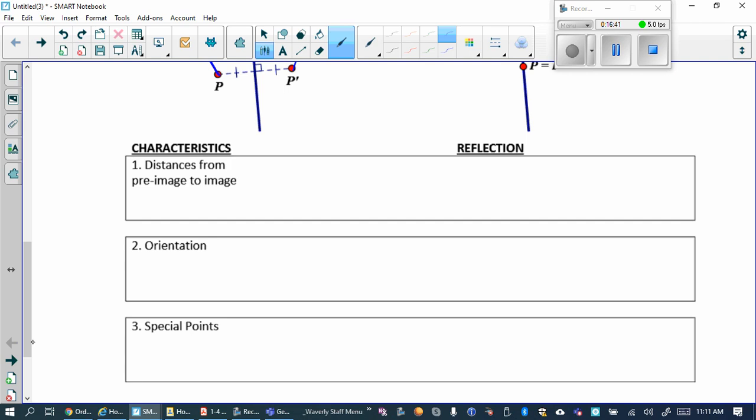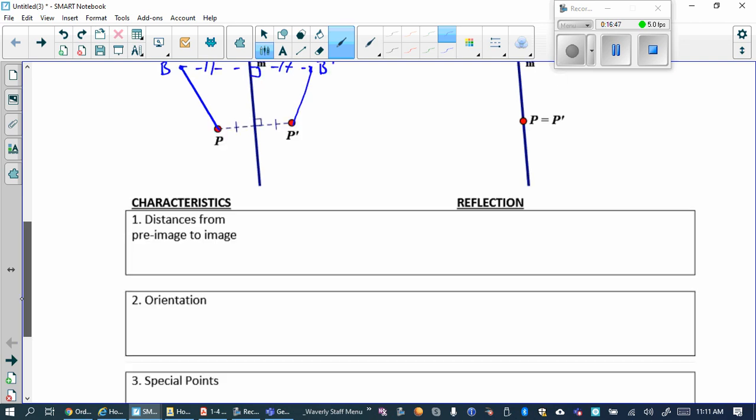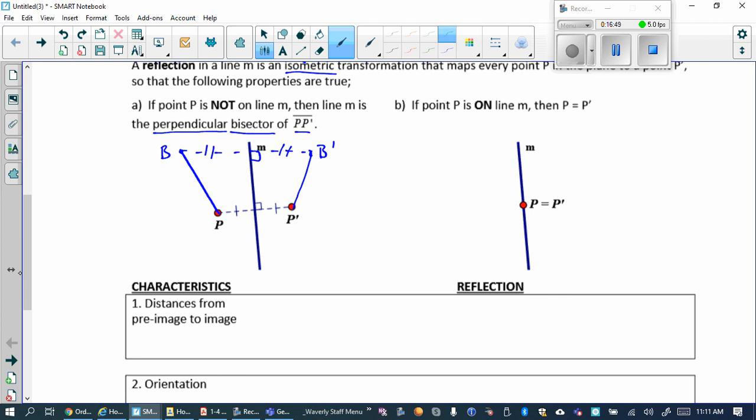All right, so how about the distances from the pre-image to the image? What can we say about this? Like this point P, its distance to the line, and now from point P to point P prime. Compare the distance between P and P prime to the distance between P and the reflection line.